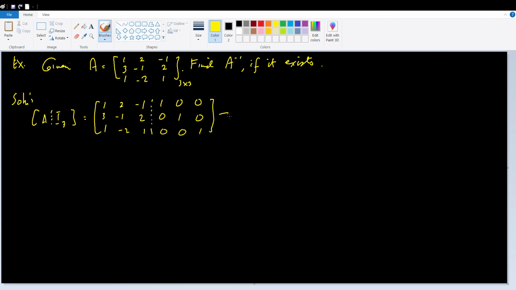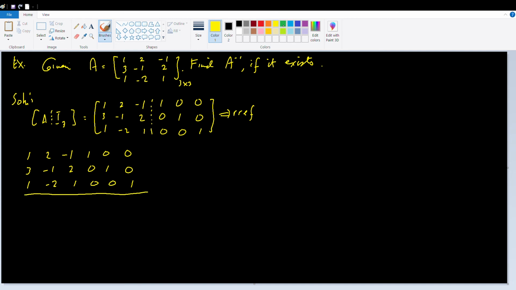All right? And we will reduce this to reduced row echelon form. And we are familiar with the process now. So 1, 2, negative 1, 1, 0, 0, 3, negative 1, 2, 0, 1, 0, 1, negative 2, 1, 0, 0, 1.